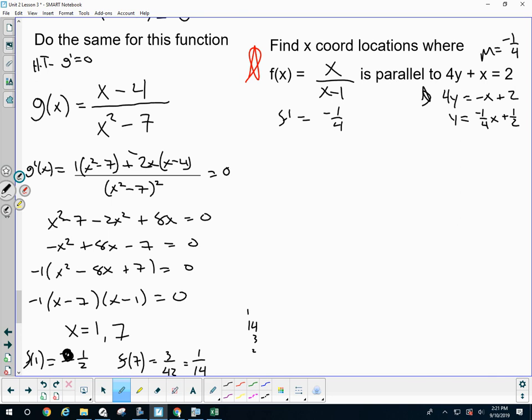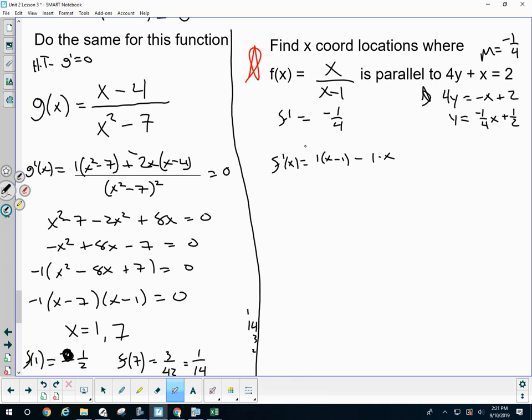Now this will create an equation that's a little bit different than what's going on here. For these, I could just ignore the denominator. I will not be able to ignore the denominator here. So let's do this one over here on the right. Derivative of the top times the bottom, minus the derivative of the bottom times the top, all over bottom squared.